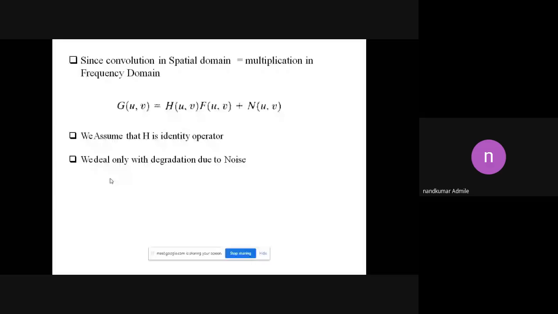And by using this mathematical formula, we represent the restoration model. Okay, so it is the basic representation of the restoration model.